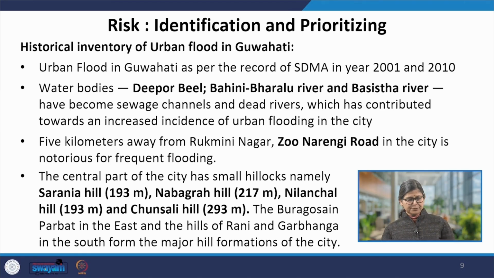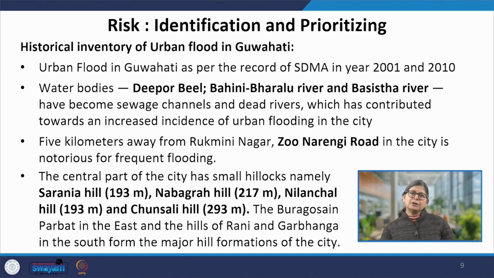The central part of the city has small hillocks, namely Sarania Hill, Navagraha Hill, Nilanchal Hill, and Chunsali Hills. The Buragosai Parbat in the east and the hills of Rani and Garbhanga in the south form the major hill formations of the city.